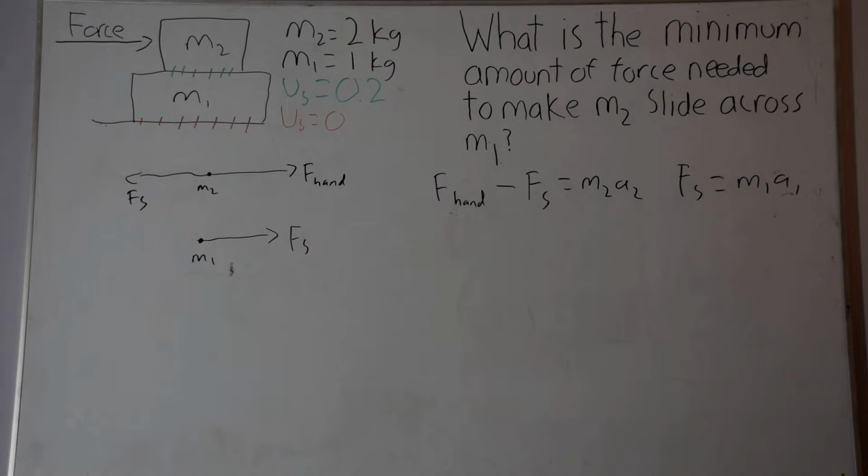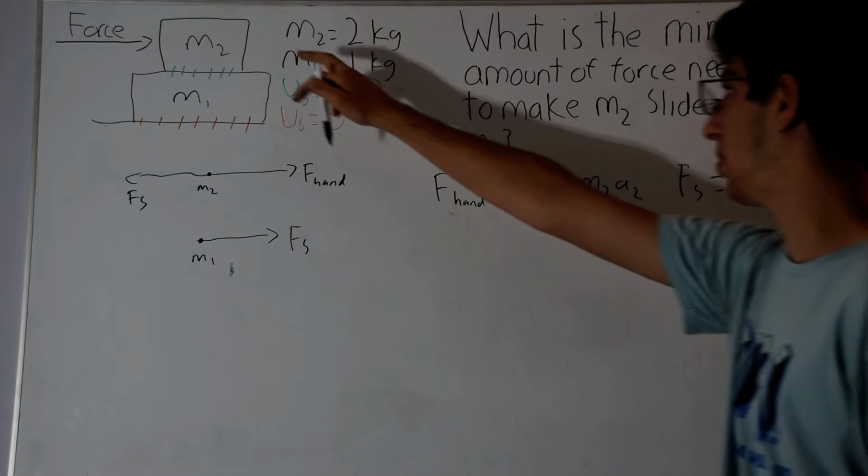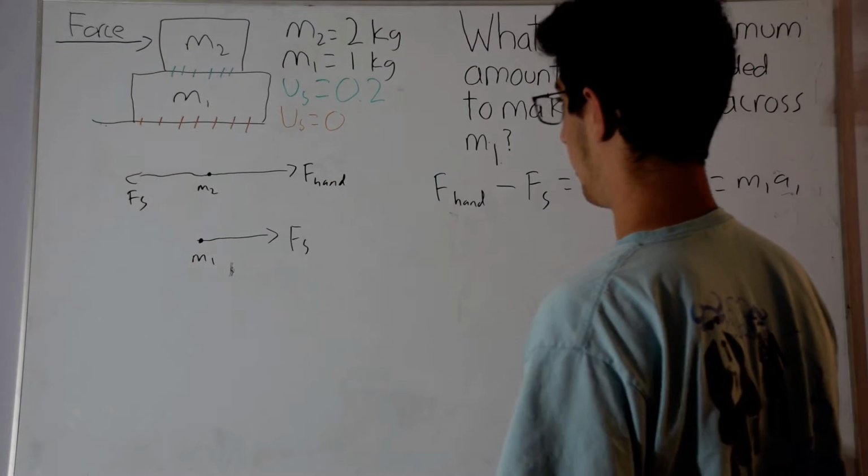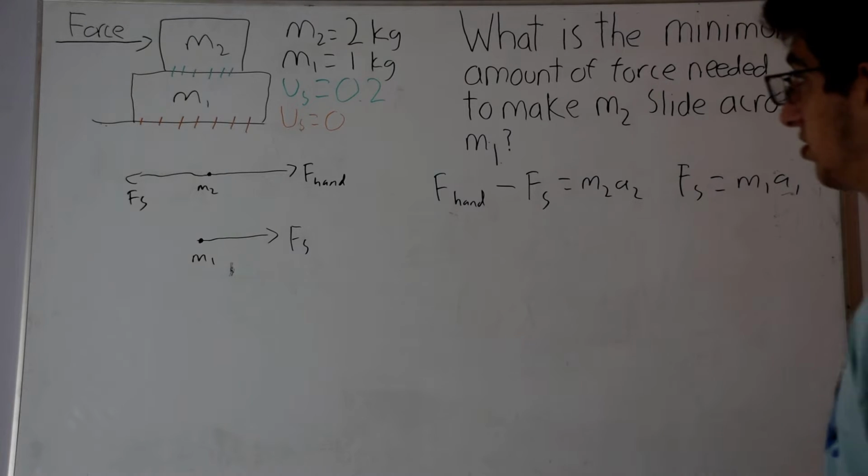Okay, so let's think about what this question is asking us. It's saying, what's the minimum force we need to have so that this top block slides along the bottom block? And how can something slide across something else? Well, that means it has to be going faster than the bottom thing, right? That's how it's going to slide across it.